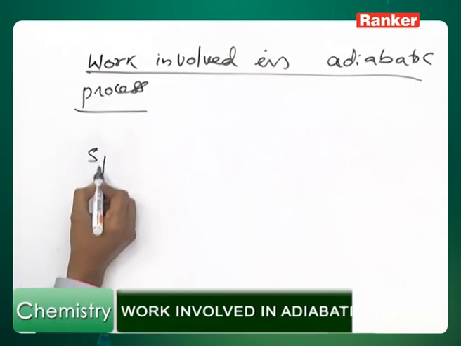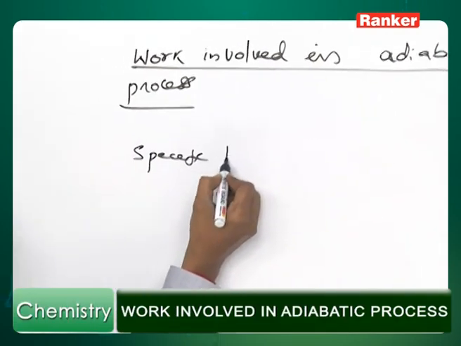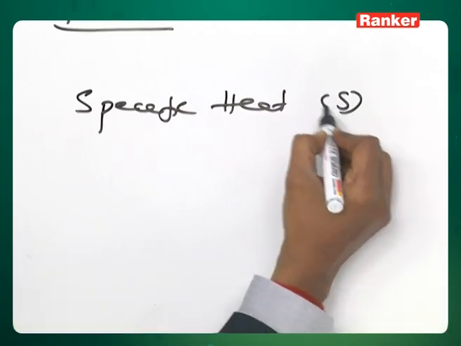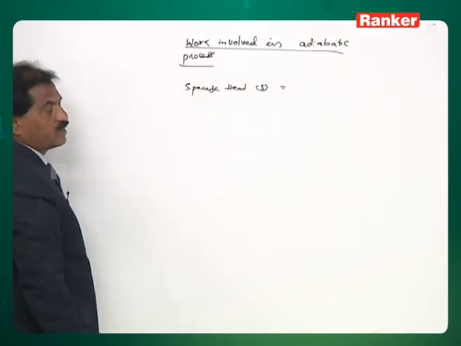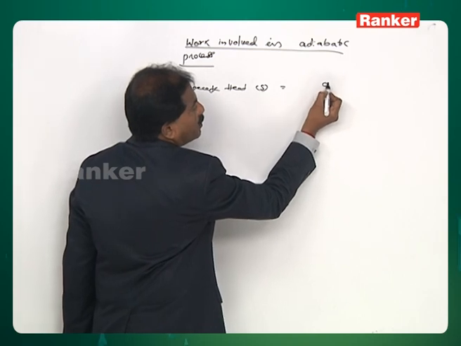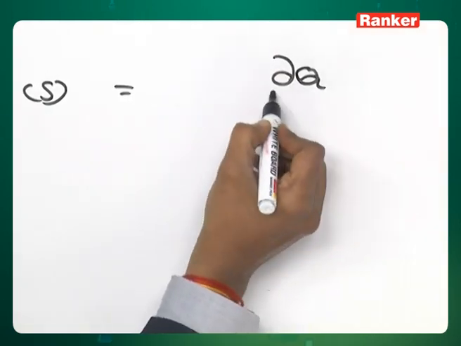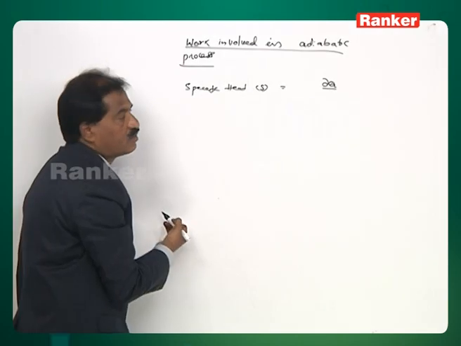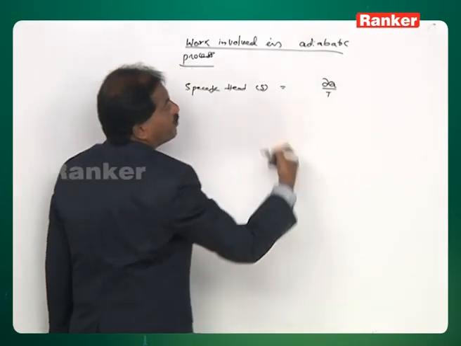So first, specific heat. Specific heat S means the ratio between infinitesimally small amount of heat exchanged between the system and surroundings and temperature.